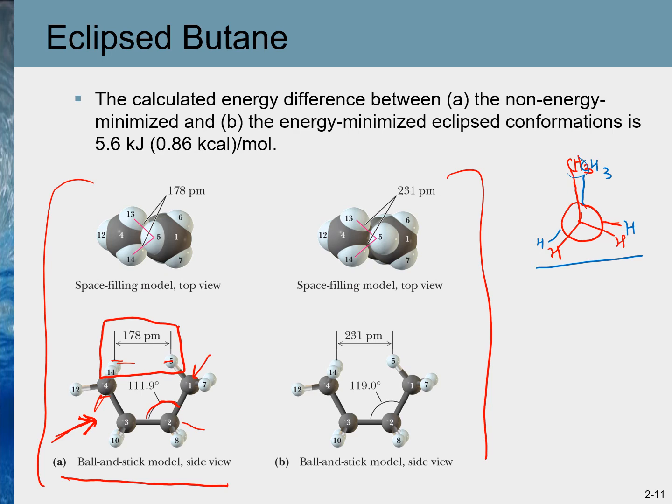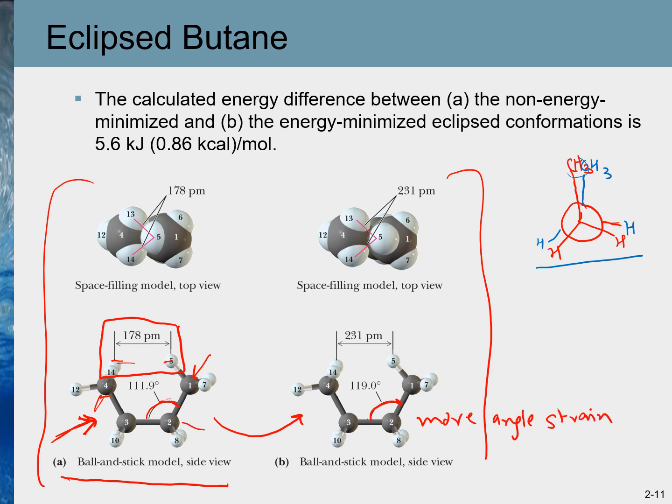So instead of keeping the angles close to the ideal value of 109, the molecule will adopt a geometry in which the angle opens up. Of course, this opening of the angle will create more angle strain. So here we have more angle strain.